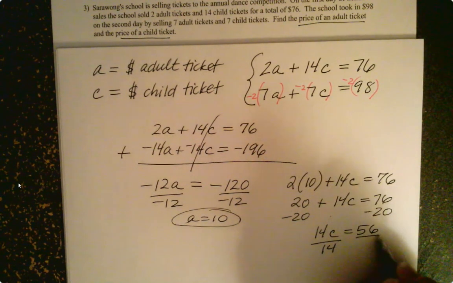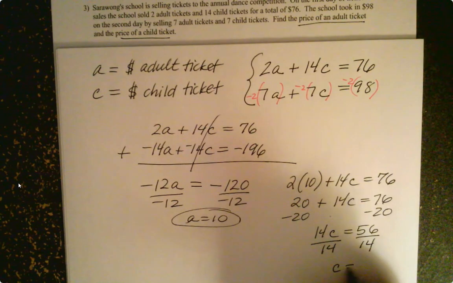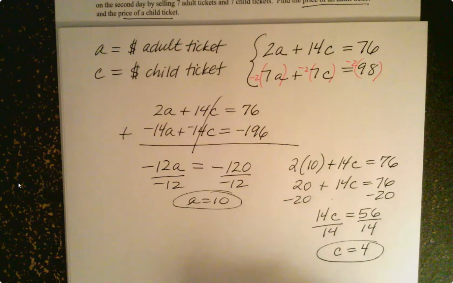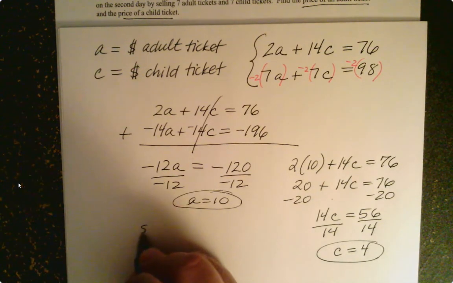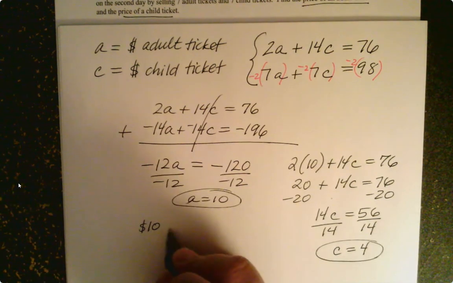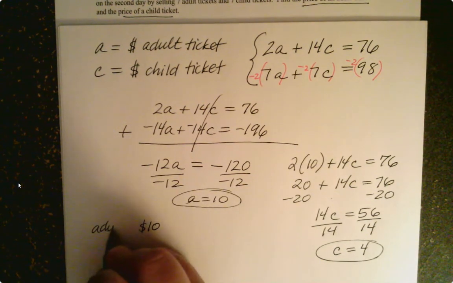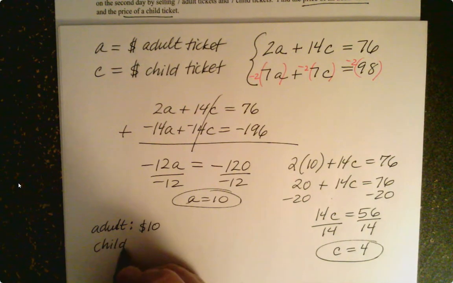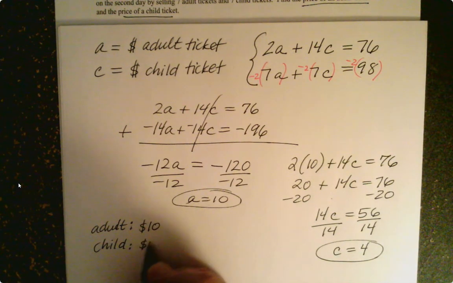Divide both sides by 14, and c equals 4. So now I know a and I know c. I know that the cost of an adult ticket is $10 and the cost of a child ticket is $4. And that's my answer.